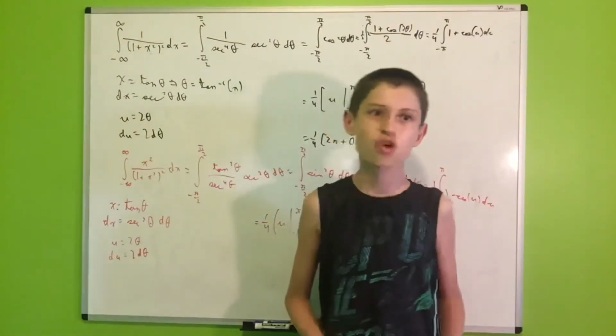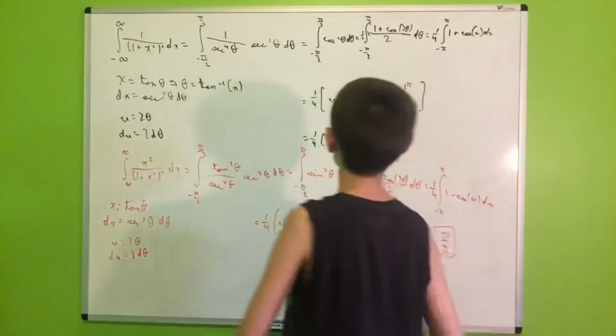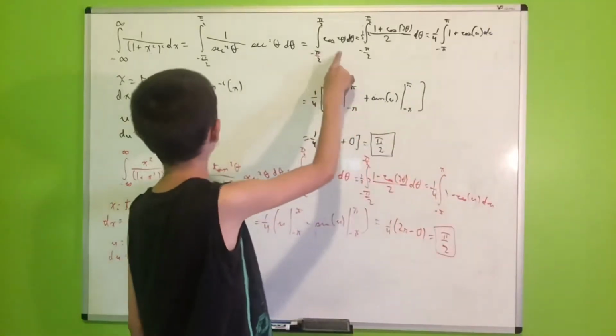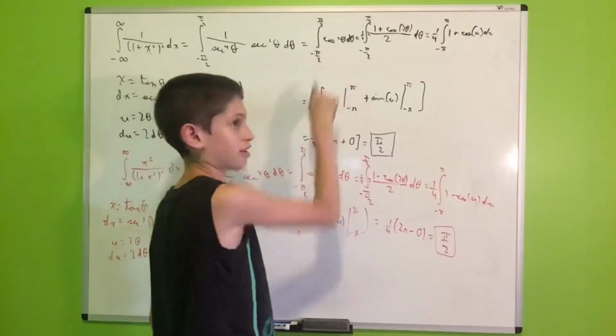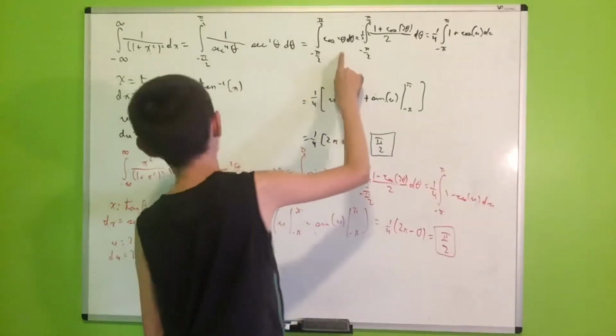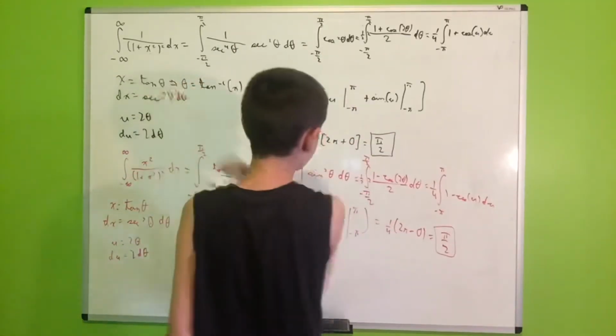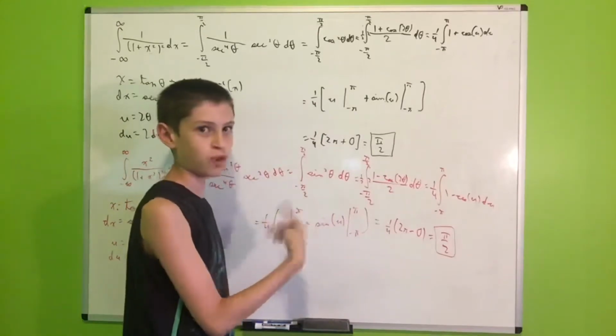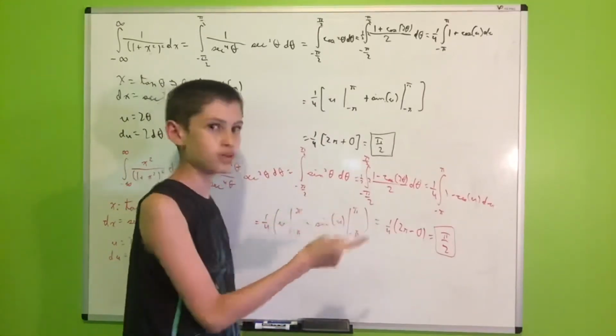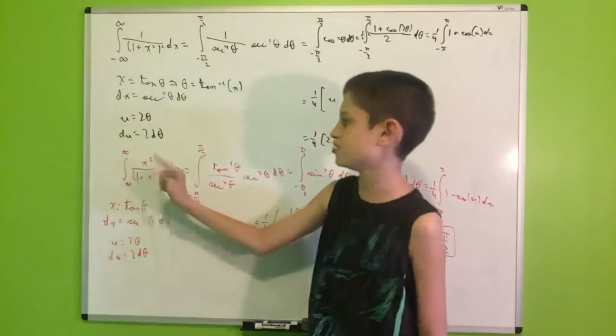And as the corollary I was talking about before, this integral from negative pi over 2 to pi over 2 of cosine squared theta is equal to this integral, and this integral from negative pi over 2 to pi over 2 of sine squared theta d theta is equal to this integral.